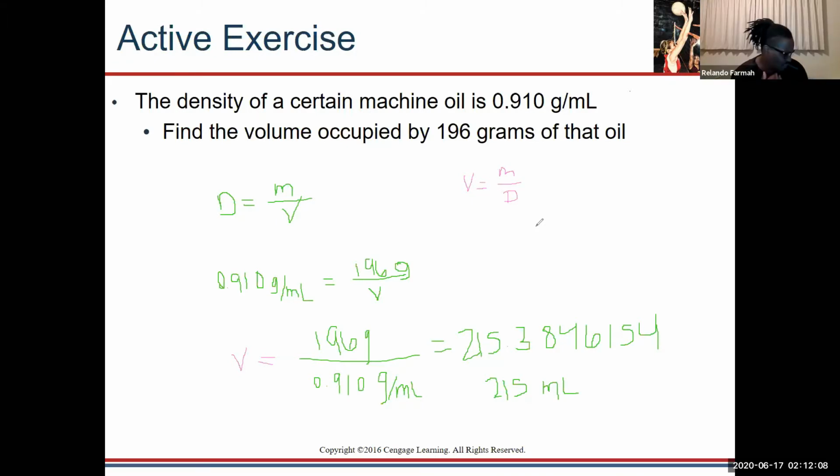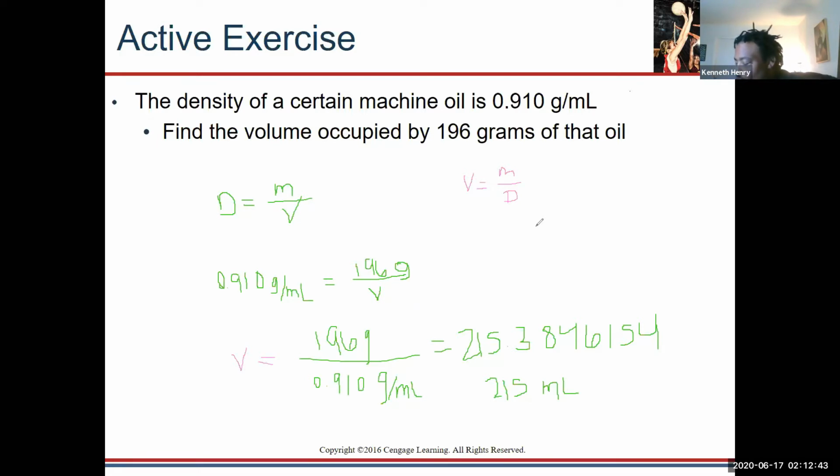I got a different answer on my calculator. You got a different answer? Yeah, dividing 0.9109 into 196, right? So you're dividing 196 by 0.910. What did you get? I got 215.171. I'll plug it in again, see if I'm wrong.